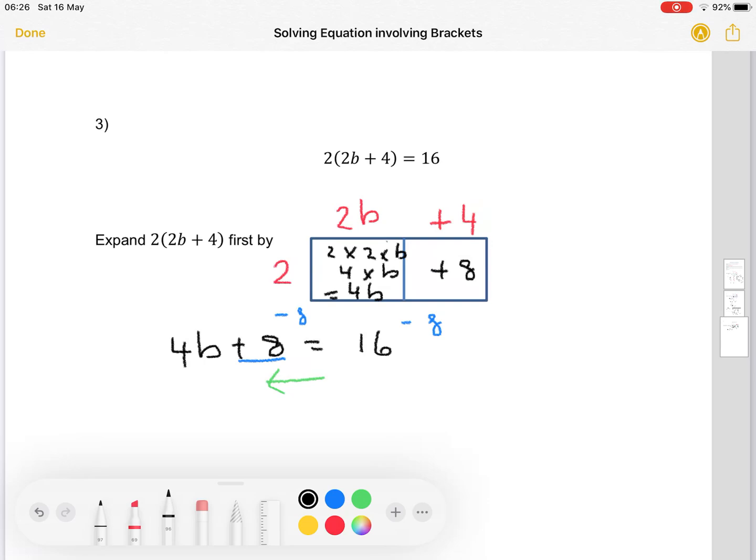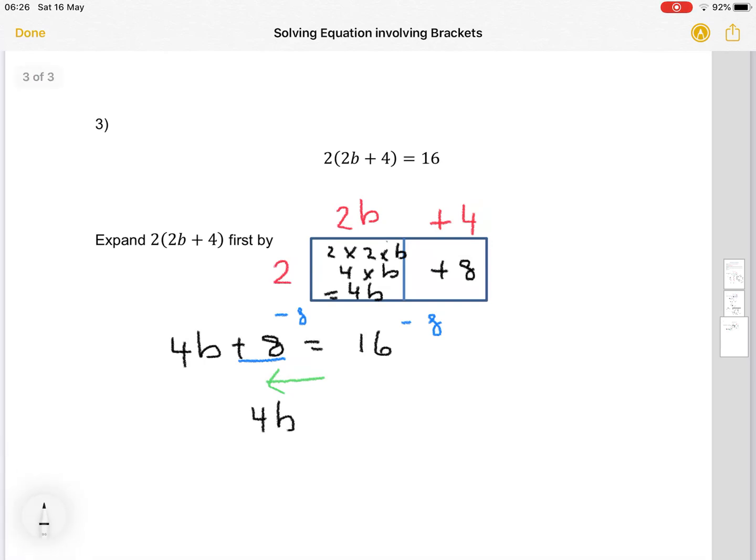That becomes 4b plus 8 minus 8, it becomes 4b. 16 minus 8 is 8. Now 4b means 4 times b is equal to 8.